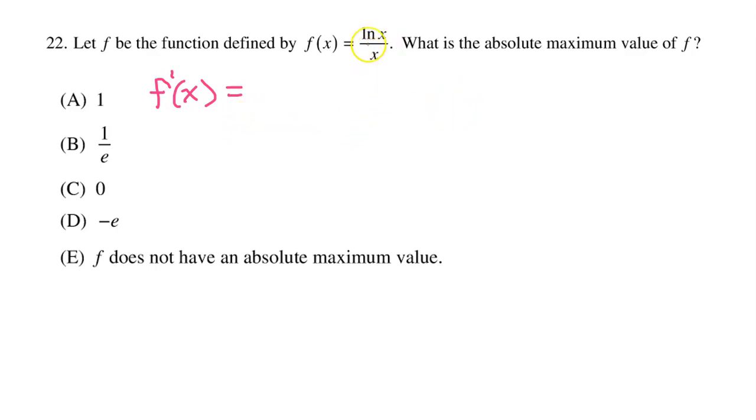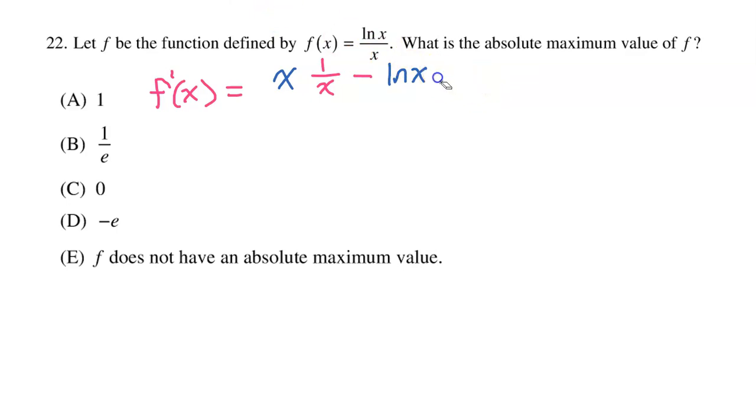When I say low d high, low means the denominator, which is just x. D high means the derivative of the numerator, so that's going to be 1 over x. Less means subtract. Then we have high d low. High means just copy the numerator. D low is the derivative of the denominator, but that's just 1.